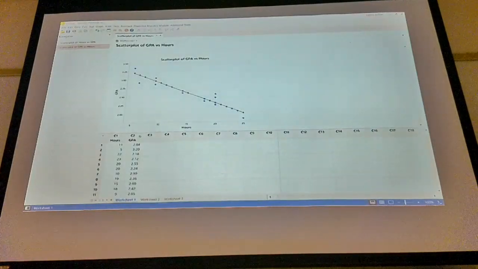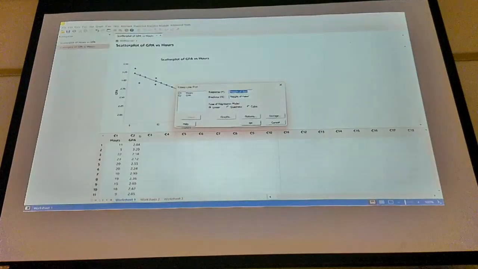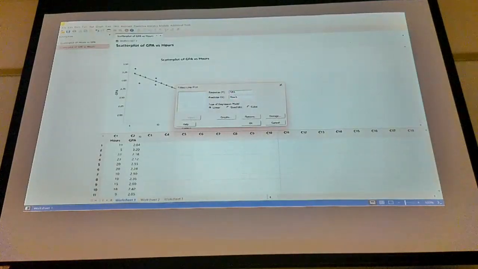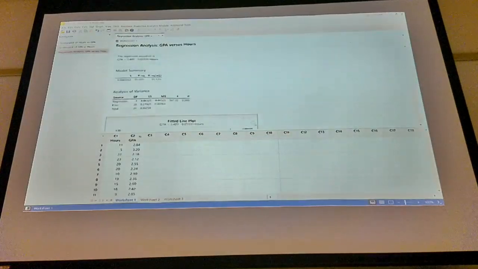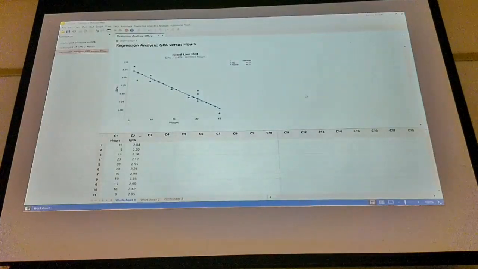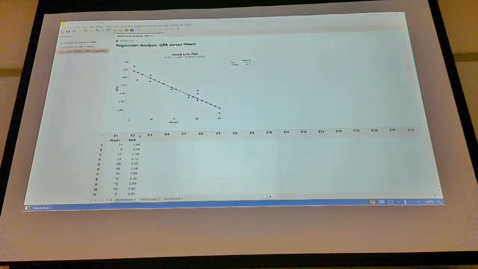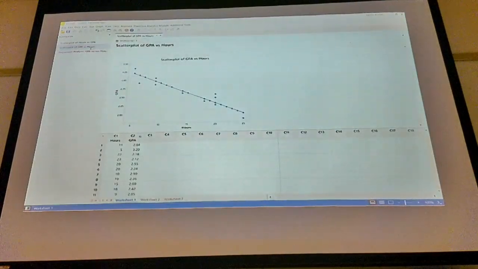The method I actually used is stat, regression, fitted line plot. Response, GPA, predictor, hours. Notice it's also going to give you this stuff here. The advantage to doing it that way is it actually gives you the equation of the regression line, whereas that method didn't.